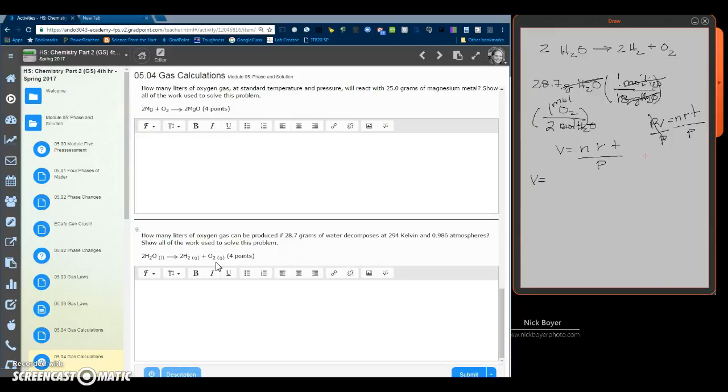So right here, the number of moles, N, equals 0.797, and that's moles of oxygen.